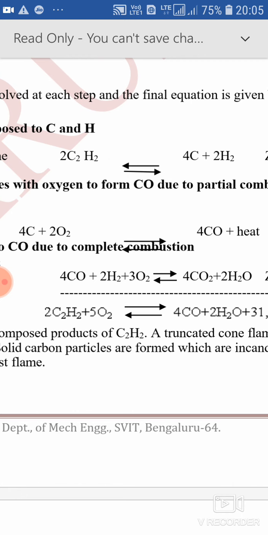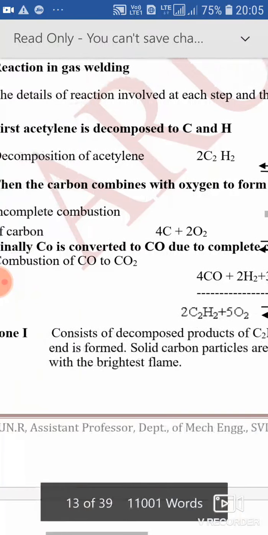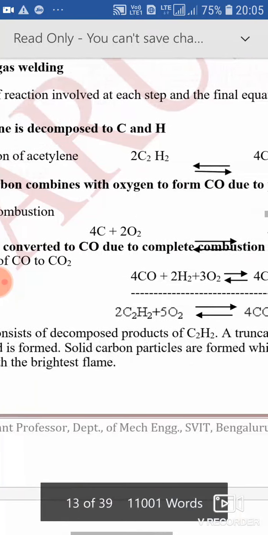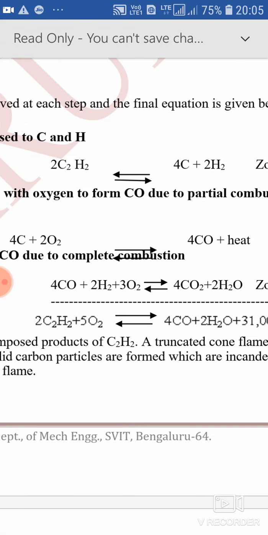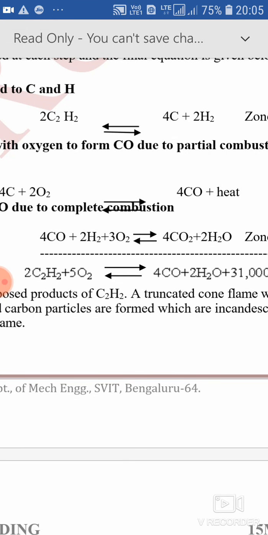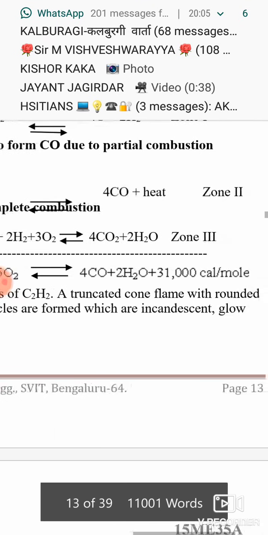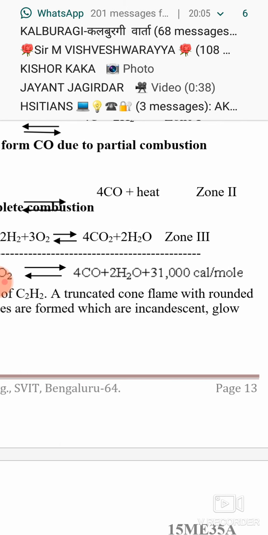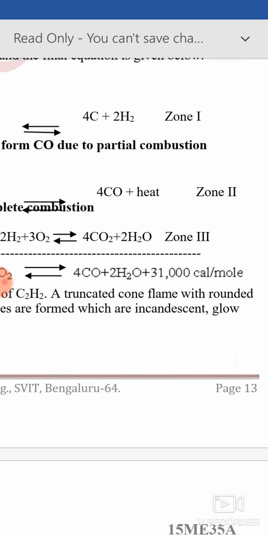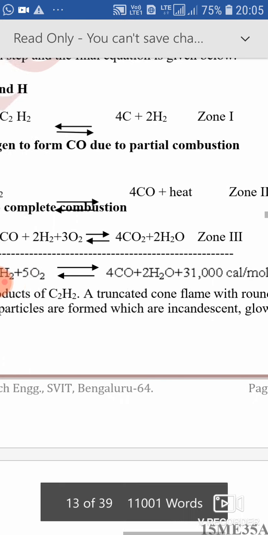In this way, the reaction takes place. So for acetylene overall, it is 2C2H2 plus 5O2 giving rise to 4CO plus 2H2O plus 31,000 calories per mole.